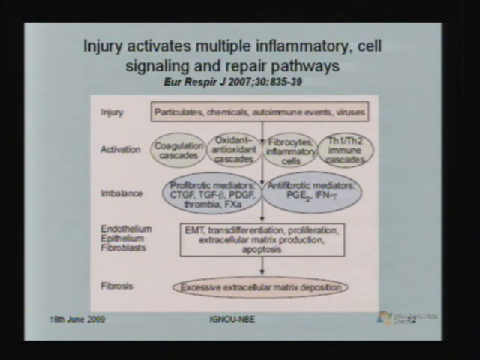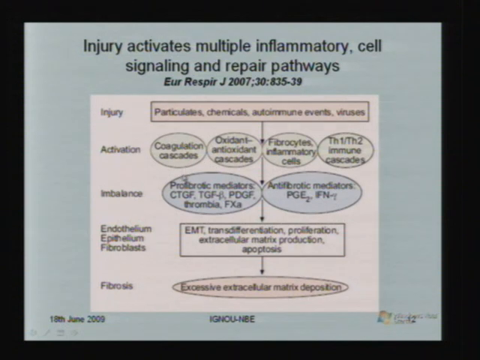Another very important pathogenetic mechanism has been put forth by a group from the Royal Brompton Hospital in the UK. It highlights that the initial injury actually activates multiple inflammatory cells and cell signaling and repair pathways. So initially there is activation of the coagulation cascade, the antioxidant cascade, the fibrocytes and inflammatory cells, and the Th1 and Th2 immune cascades.